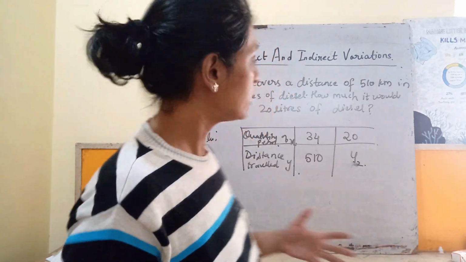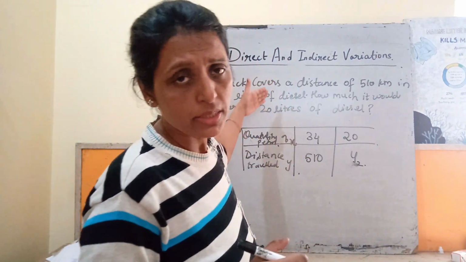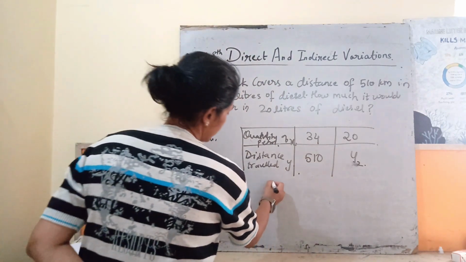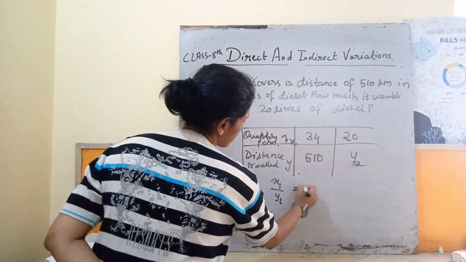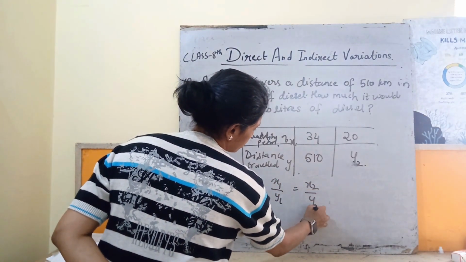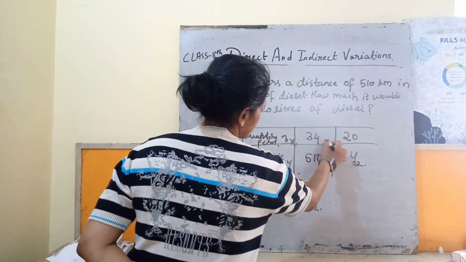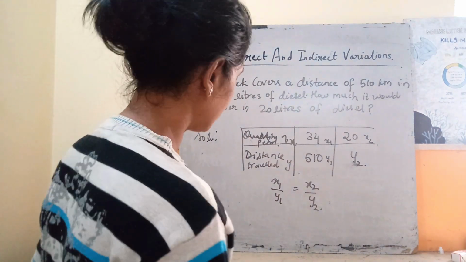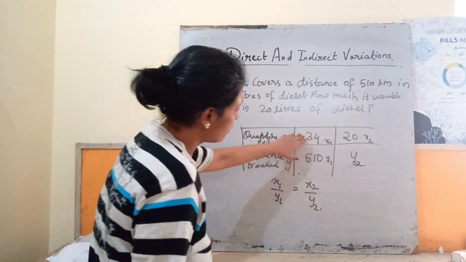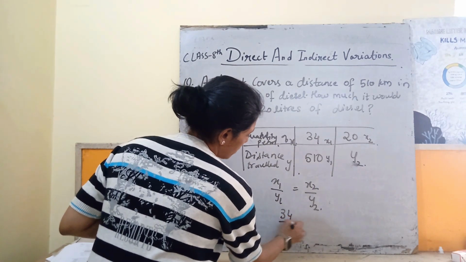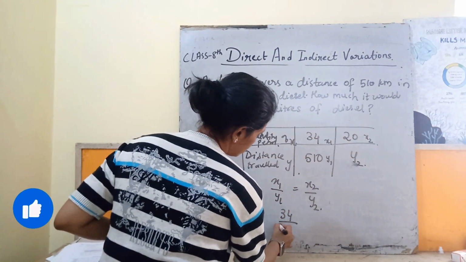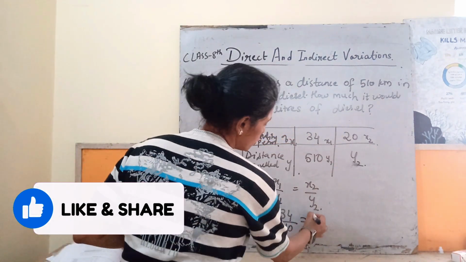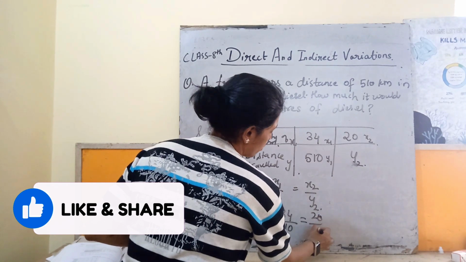We have seen that these two quantities are in direct variation. That means x1 upon y1 is equal to x2 upon y2. In place of x1 we put 34, upon the distance traveled 510, is equal to x2, which is 20, upon y2.